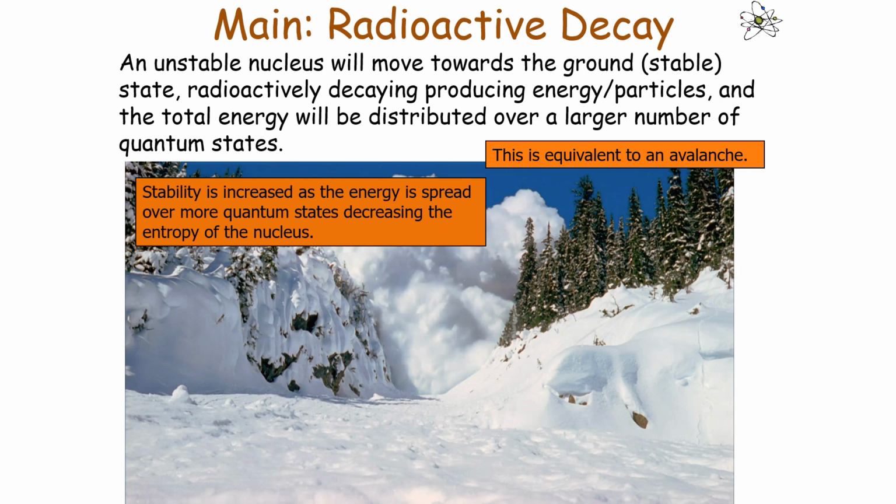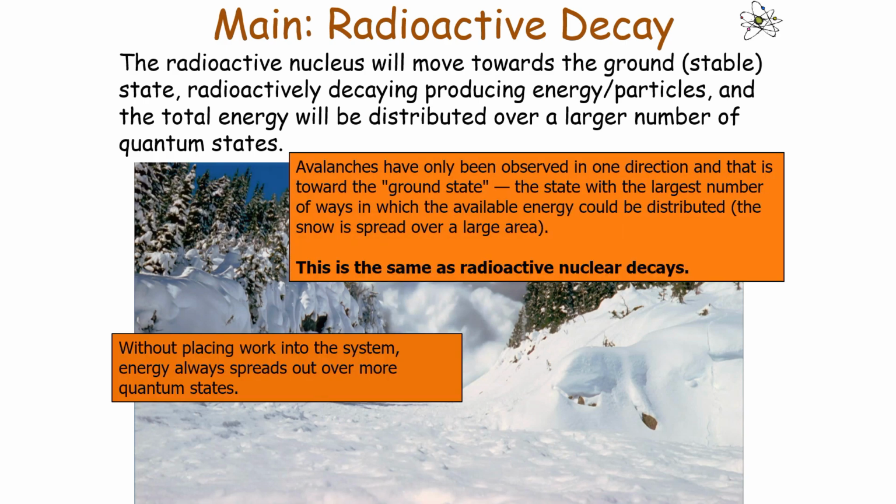So the stability is increased as the energy is spread out over more quantum states, decreasing the entropy of the nucleus. So like an avalanche going down a mountain hill, avalanches move in one direction towards the ground state, the state with the largest number of ways in which the available energy could be distributed, which is the same as a radioactive nuclear decay. Without placing work into the system, energy always spreads out over more quantum states.